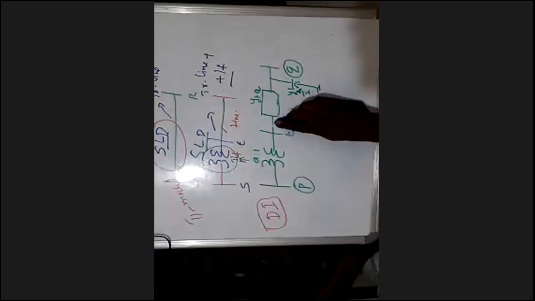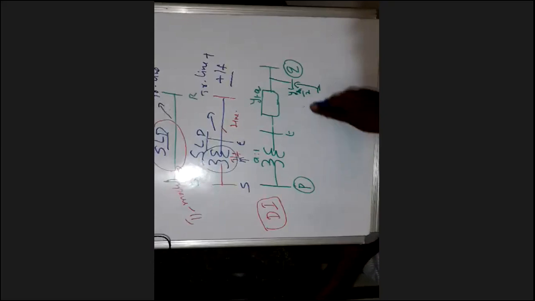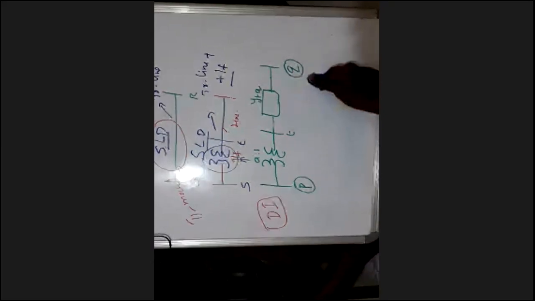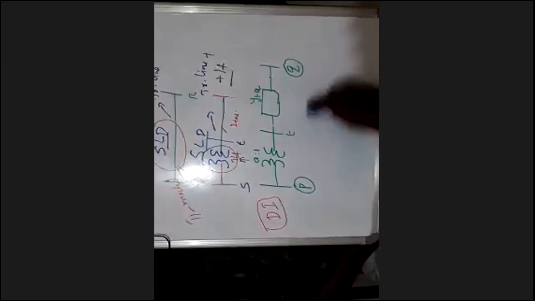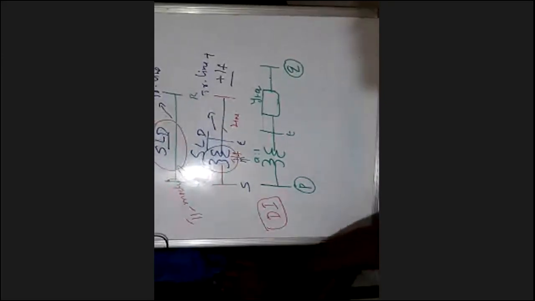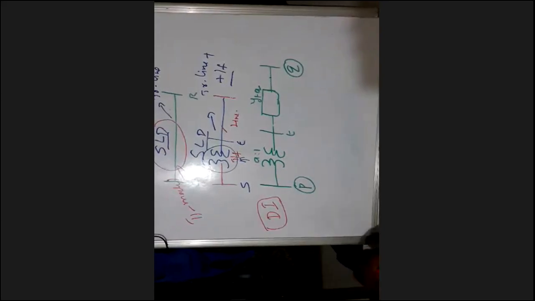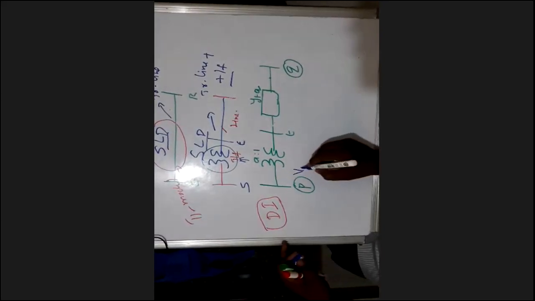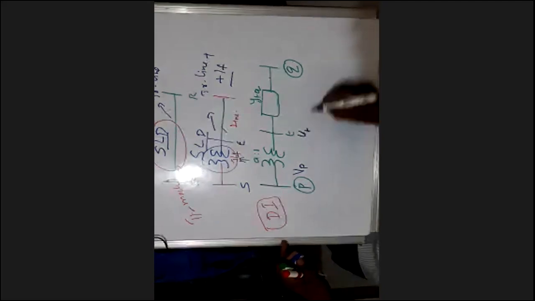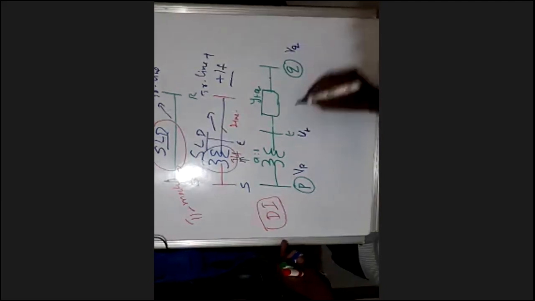So for the time being, I am removing this line charging admittance for the simplicity of the calculation. Later, I am going to add this one as it is. So what we know, can I write this voltage as VP, this voltage as VT, this voltage as VQ, and the current flowing here as ITQ?